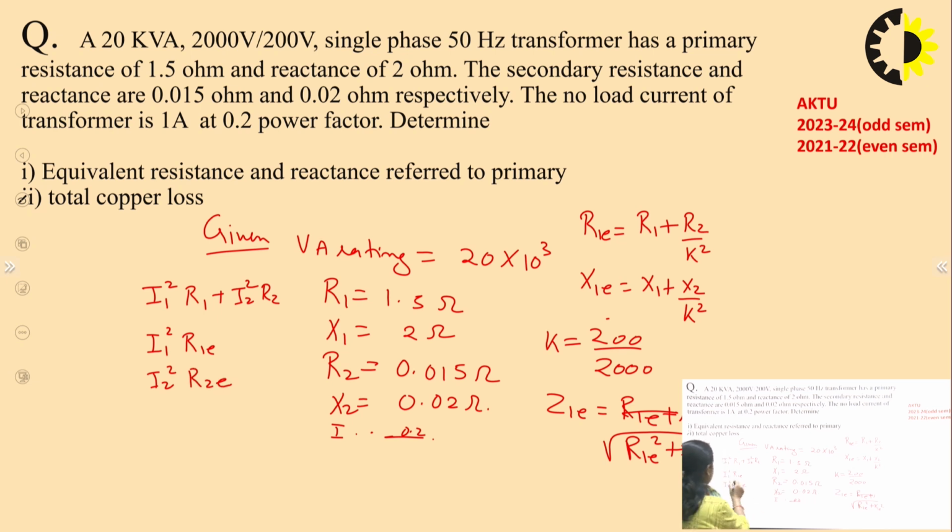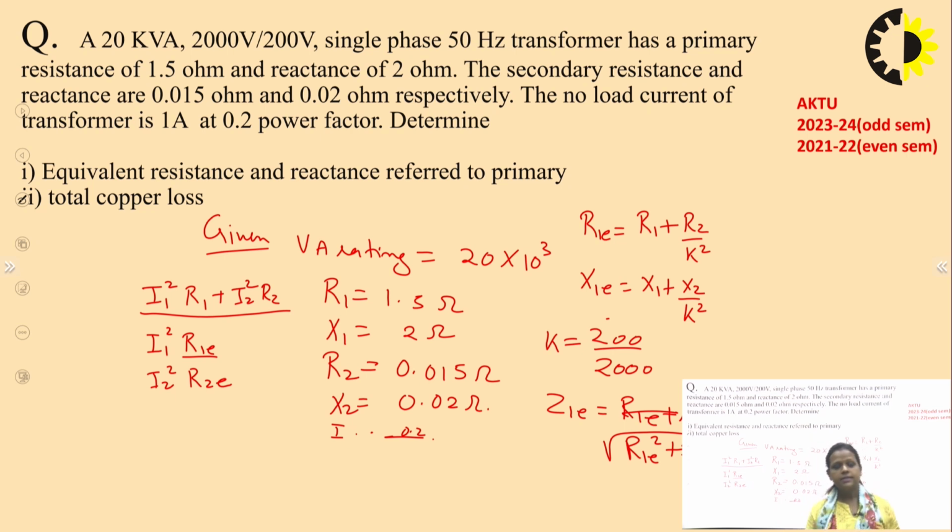What is R1E? This is the equivalent resistance referred to primary side. All the resistance of the transformer you have referred to the primary side. So you can find copper loss as I1 square into R1E. Or if you have referred the resistance to the secondary side, then you can find copper loss as I2 square R2E. Or if you have not found the equivalent resistance referred to primary or secondary, you can also find the copper loss as I1 square R1 plus I2 square R2, right?